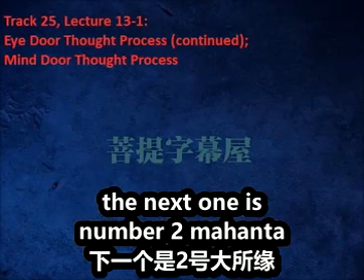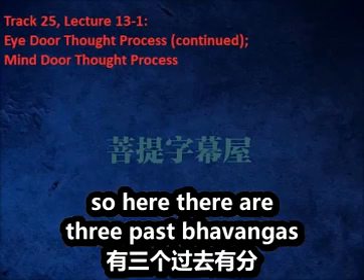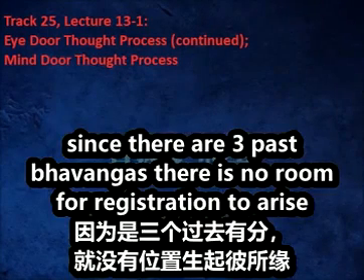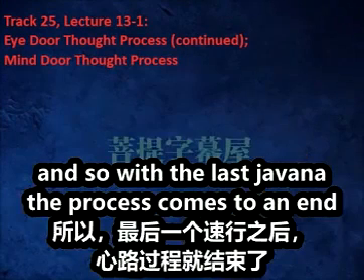The next one is number 2 Mahanta. So here there are 3 past bhavangas. Instead of 2 past bhavangas, we have 3 past bhavangas. Since there are 3 past bhavangas, there is no room for registration to arise, and so with the last javana, the process comes to an end.